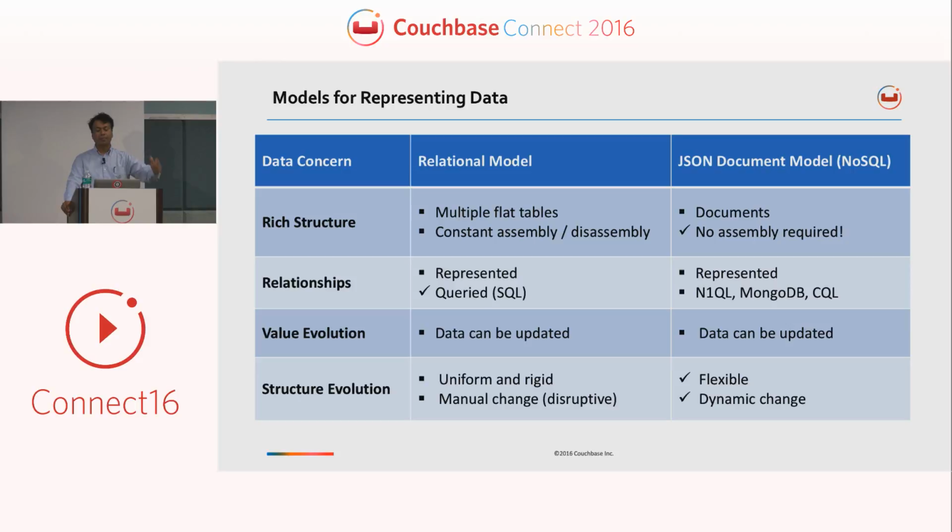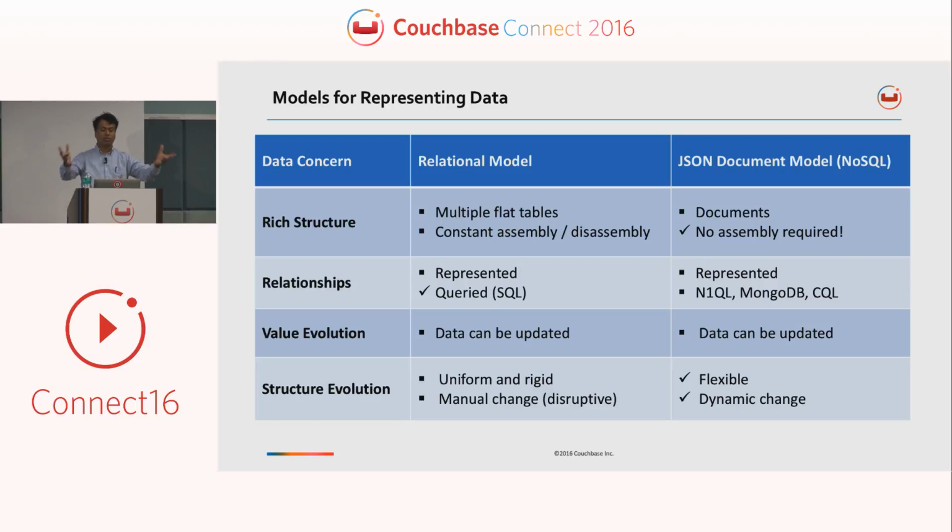Okay, so here is the summary between the relational model that most of you are used to and the JSON document model. You have flat tables that require assembly and disassembly much more often, whereas in JSON you store the whole document, and to put and get a single object, there is no assembly required.